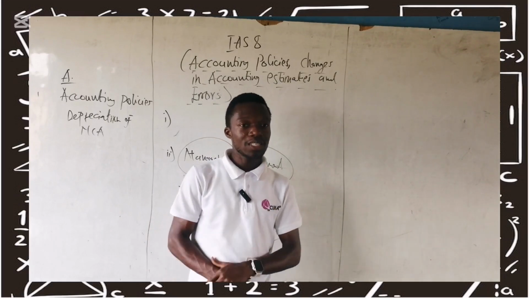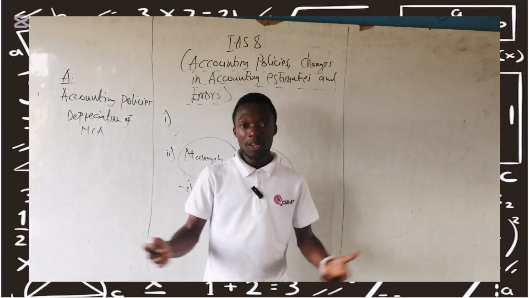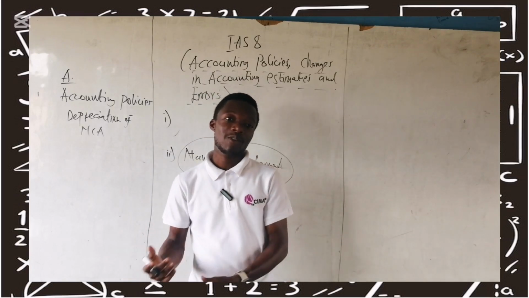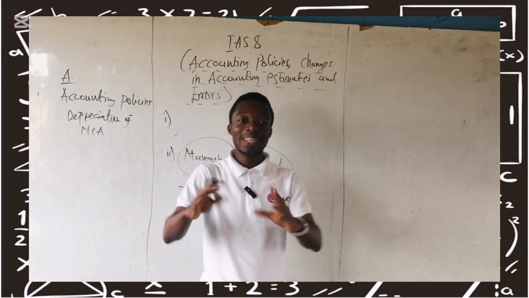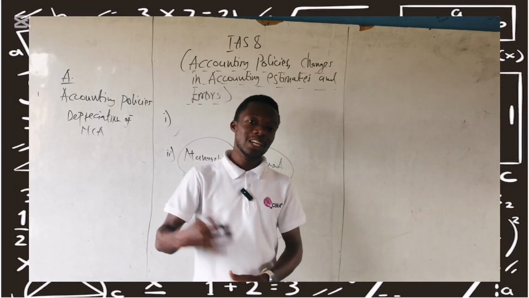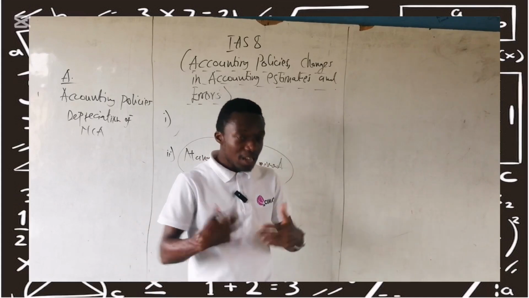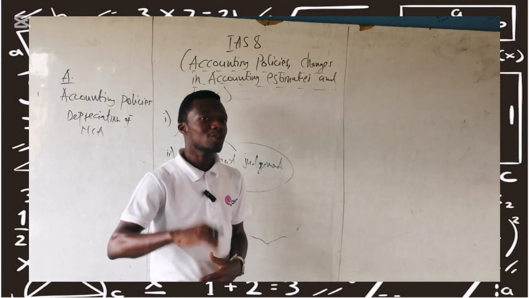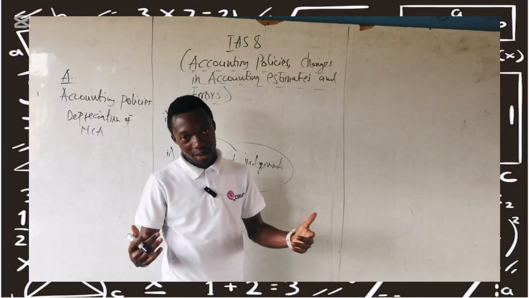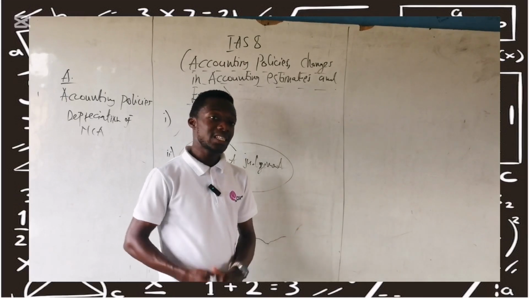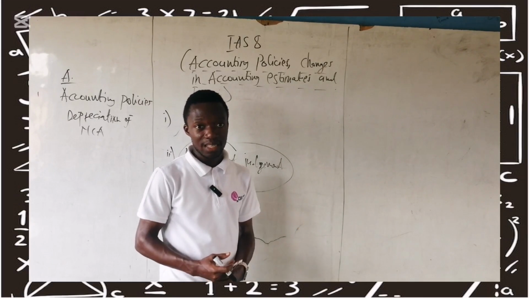Another reason in using management judgment has to do with management making references to what we call accounting literature. Here you are talking about publications and research that people have done on the discipline of accounting. We are saying that management, in using their judgment, also has to make references to some of these accounting literatures, industry best practices, and publications of accounting theories and principles that must be adhered to in that line.